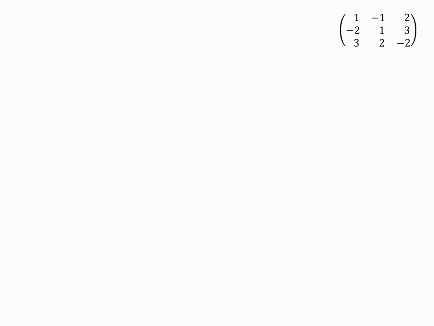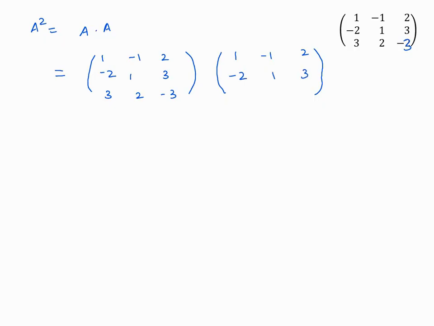You know the A value, and we find A square. How to find A square? A times A. You know the A value: 1, -1, 2, -2, 1, 3, 3, 2, -3. Similarly, you write another one times it: 1, -1, 2, -2, 1, 3, 3, 2, -3. Now we do matrix multiplication.